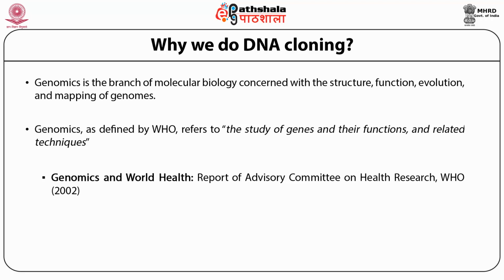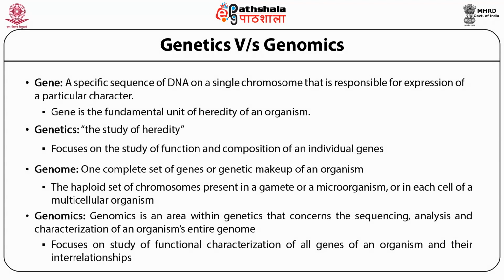In order to understand the difference between genetics and genomics, we first need to know the difference between the gene and the genome. The primary difference between genetics and genomics is that genetics includes study of functional characterization of individual genes of an organism, while genomics as a subject addresses the structural and functional interrelationship among all genes of an organism collectively.